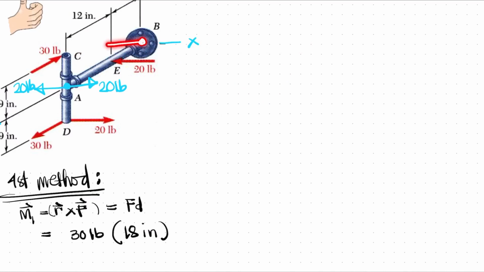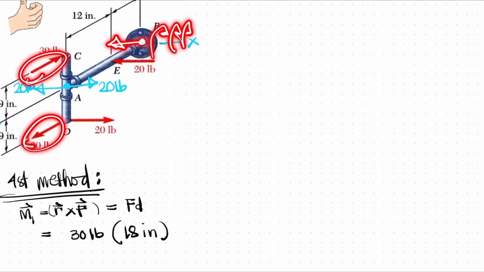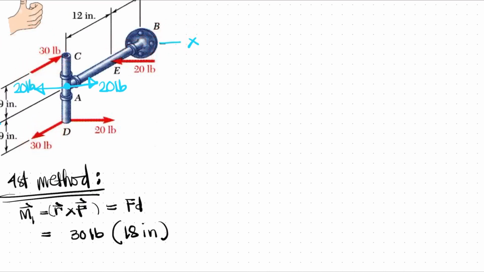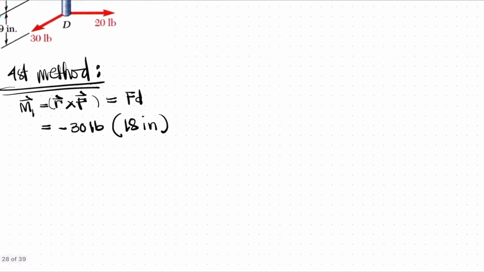Your thumb is pointing this way, and your fingers curl in the direction of the couple. So, always use the right hand rule. So this is now negative 30 pounds.